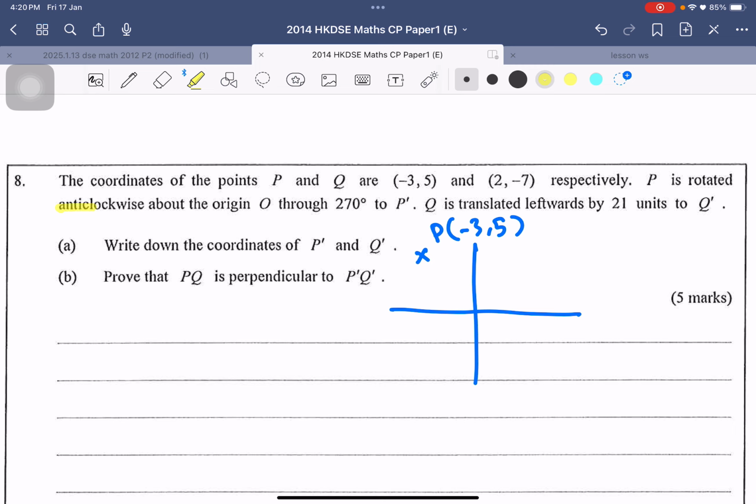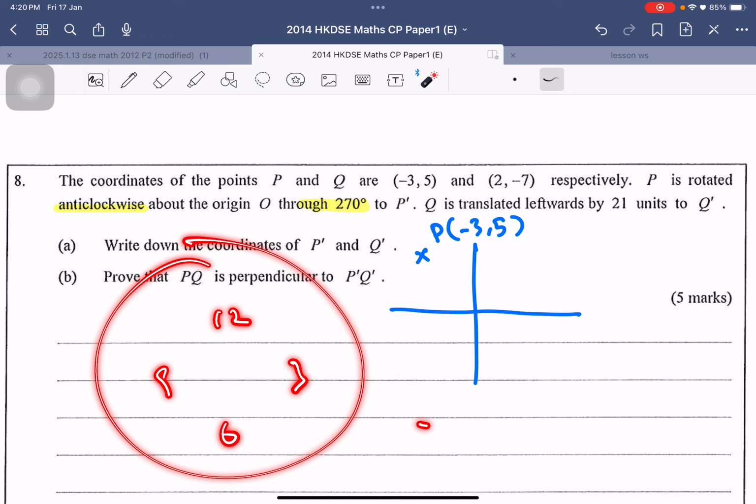Rotate anti-clockwise 270 degrees. So what's the meaning of anti-clockwise? If you forgot, just draw the clock. Anti-clockwise means going left, going backwards, isn't it?